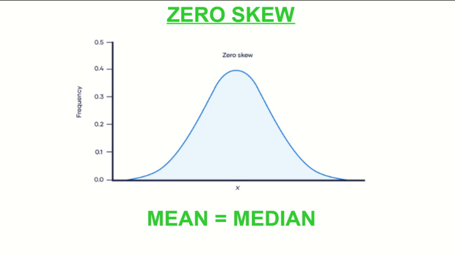If I draw a line down the middle, it's basically the same on both sides. What that means is our mean and median are the same, or at least very close to the same. They might be off a little bit, but the closer they are to the same, the less skew we have. All right. Make sense so far?